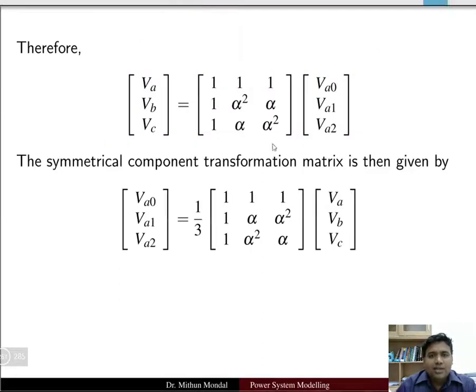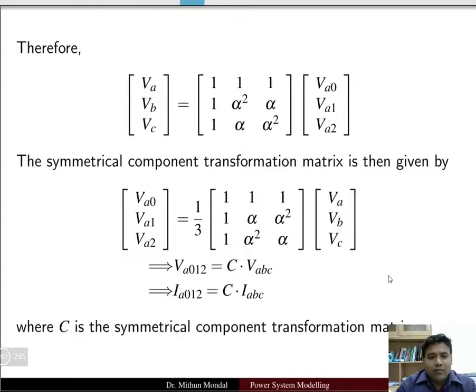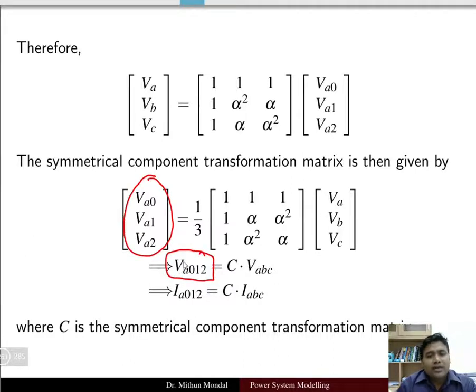Similarly, we can obtain the A phase components by taking the inverse of this. So it will be 1/3 of this matrix multiplied by VABC, where we can write the components 0, 1, 2 as VA012. It means the A phase voltage containing the elements for zero sequence, positive sequence and negative sequence equals C times VABC. This matrix is known as the symmetrical component transformation matrix.